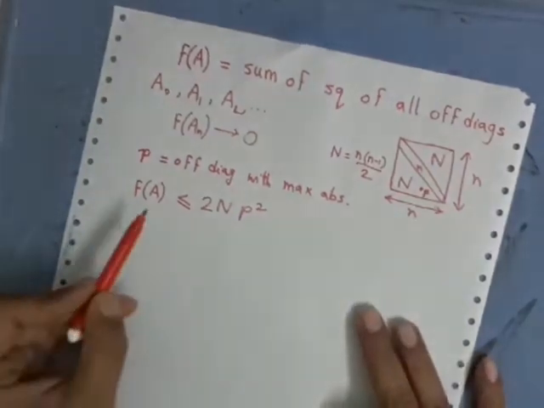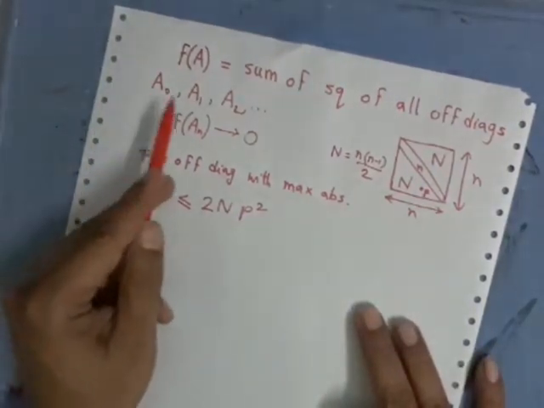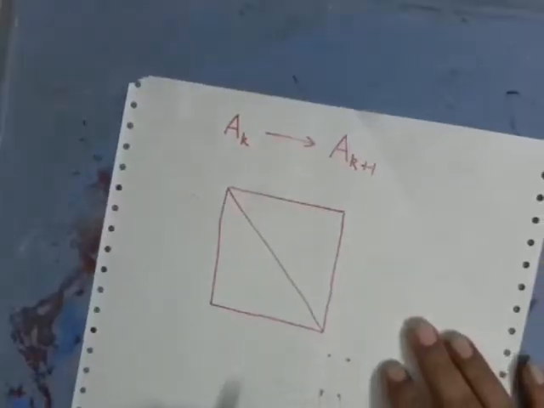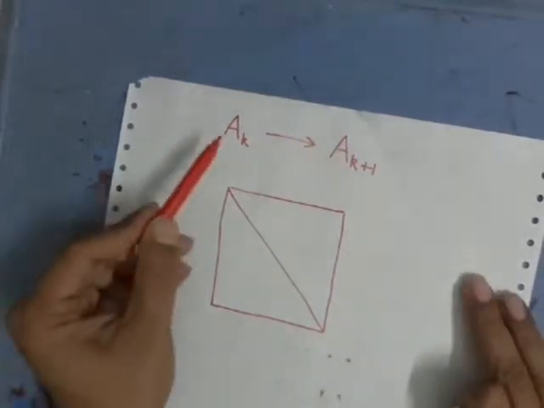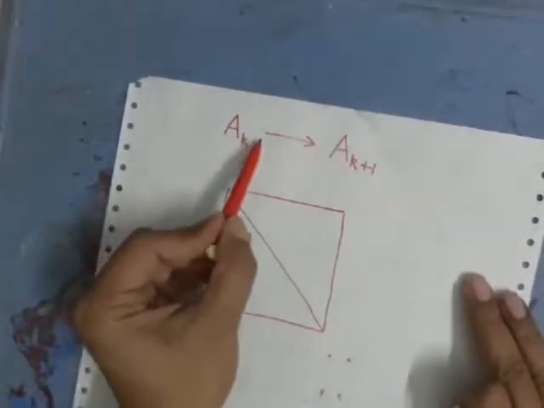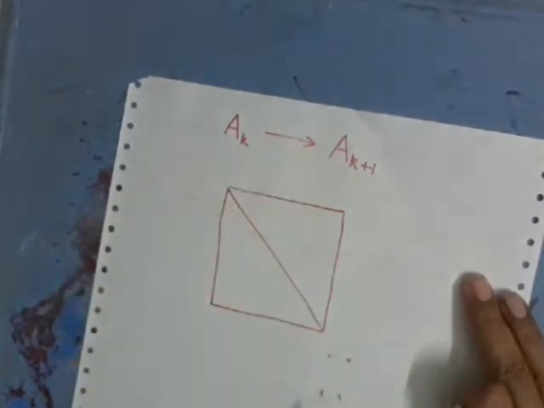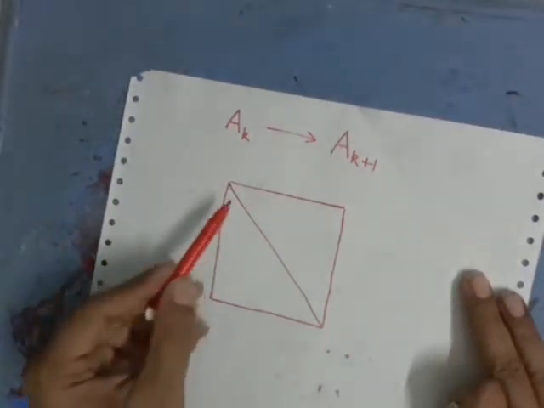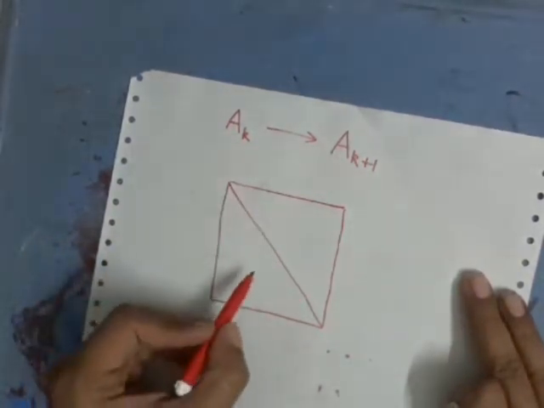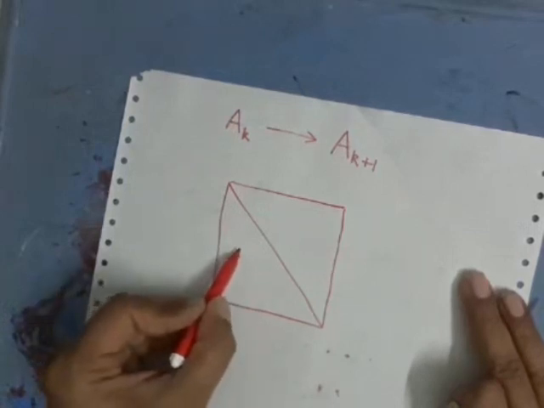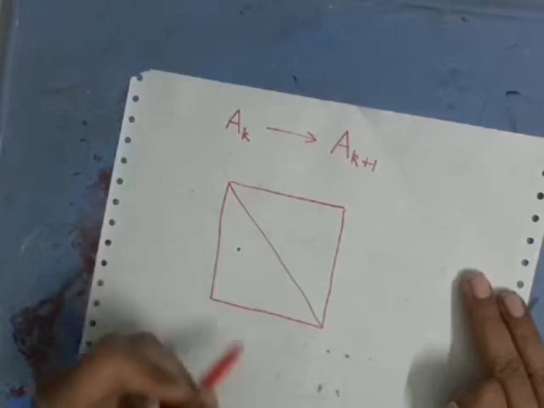Now let us see what happens when I do one step of the Jacobi algorithm. Suppose that we are considering one single Jacobi step. We are at Ak and we are moving after a single Jacobi step to Ak plus 1. Now how do you carry out the step? In this step we first find that particular off-diagonal entry which has the largest absolute value.